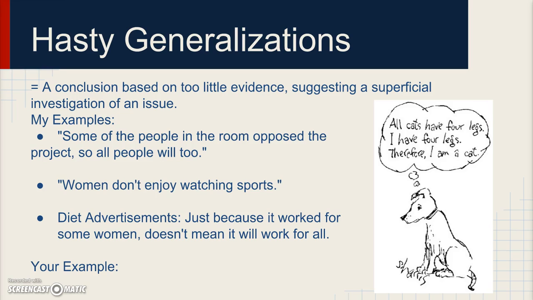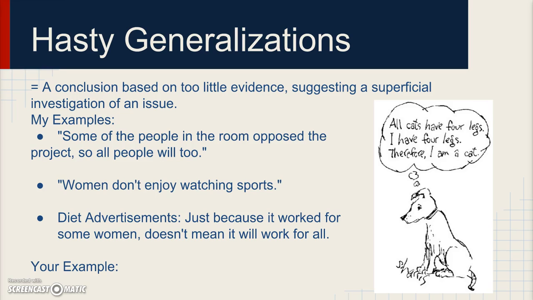So the first one says, some of the people in the room oppose the project, so all people will too. So you are making an assumption there. You have no way to prove that all people will, even though some people oppose the project. If you say something like women don't enjoy watching sports, that's a generalized comment.